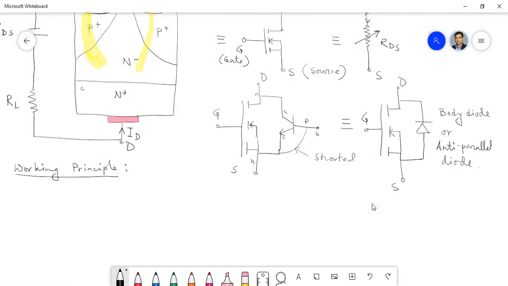You see, this is short. Okay, now you have the P substrate and N substrate. So when we draw a diode, suppose this is a diode, so this is P and this is N. Now which side should we show the cathode and which side should we show the anode?